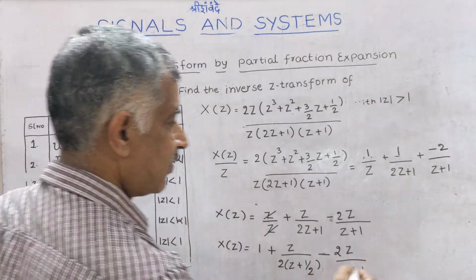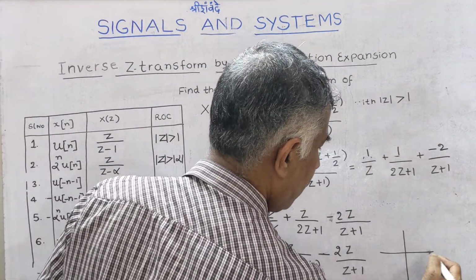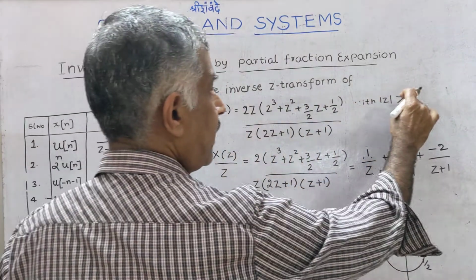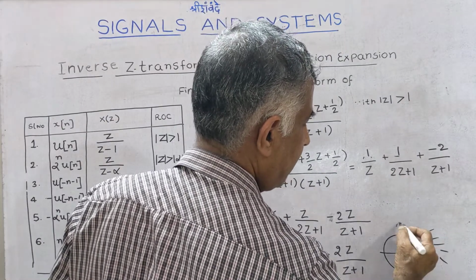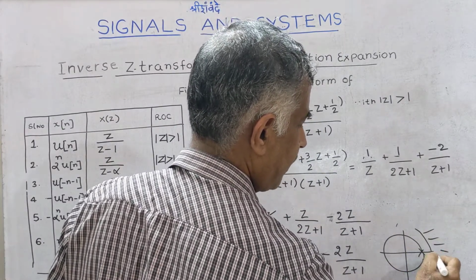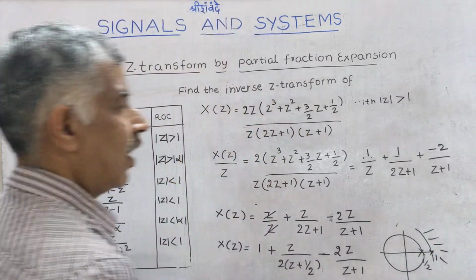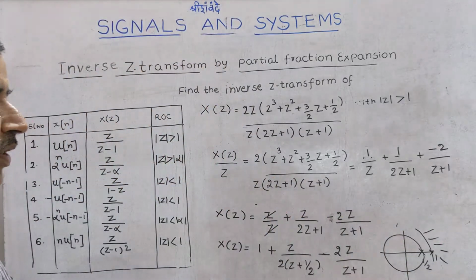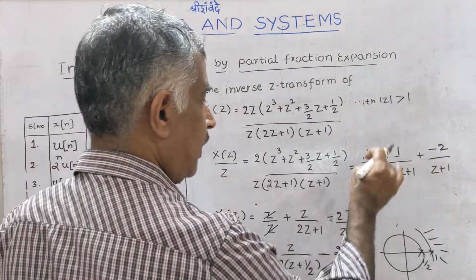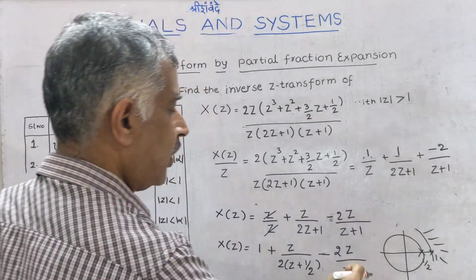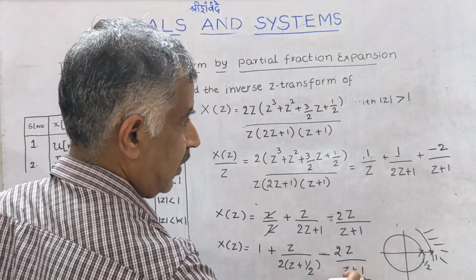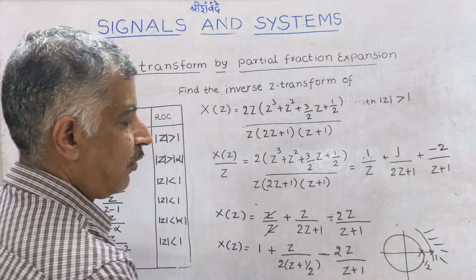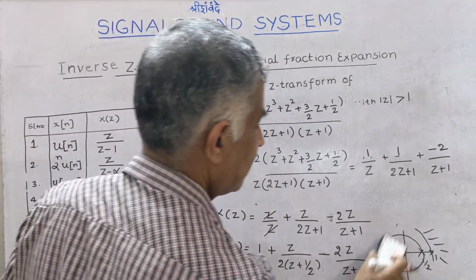The pole radius is half, and mod z greater than 1 means ROC is outside this pole circle. Therefore, it is a right-sided sequence. And here also the pole radius is 1, and after 1 the ROC comes. Therefore, for both cases I have to write a right-sided sequence.